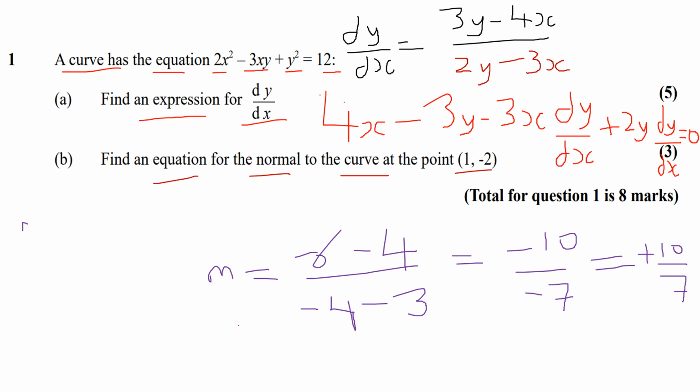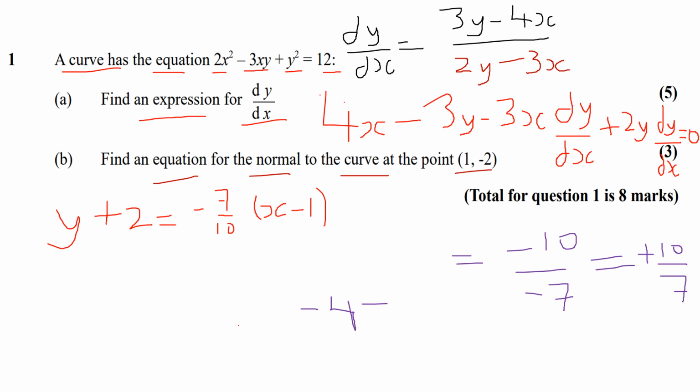So it'll be y minus y1 is equal to minus 7 tenths, brackets x minus x1, where y1 and x1 are your two coordinates that you're looking at.